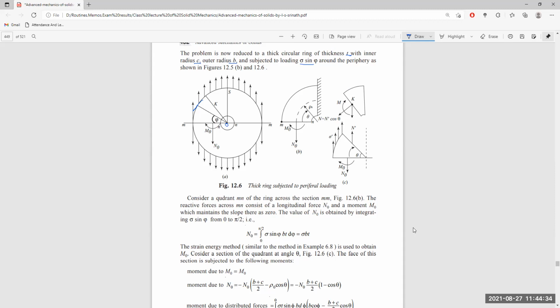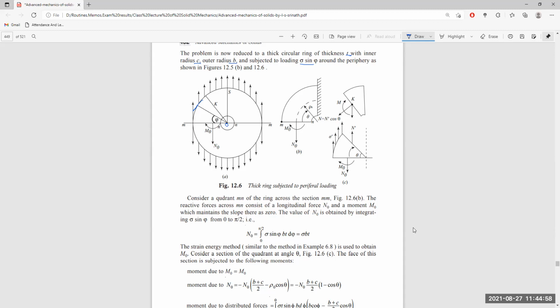Here the imaginary force is equal to N0, acting downwards, exactly opposite to the external force in order to balance its effect, and M0 is acting clockwise in order to balance the clockwise moments created by these external forces at different portions itself.